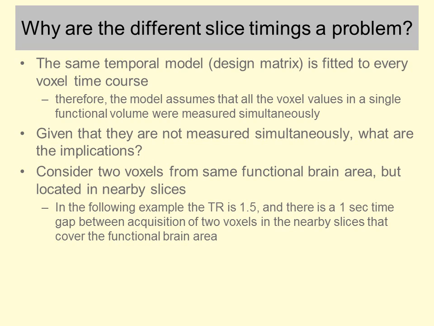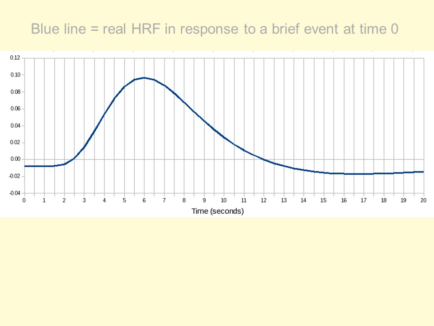And in the graphs on the following slides, the TR is relatively short, it's 1.5 seconds, so that's 1.5 seconds to acquire a whole volume of the brain, 1 data point every 1.5 seconds per voxel, but we've got a 1 second gap between the acquisition time of the 2 voxels in the nearby slices, covering our functional brain area.